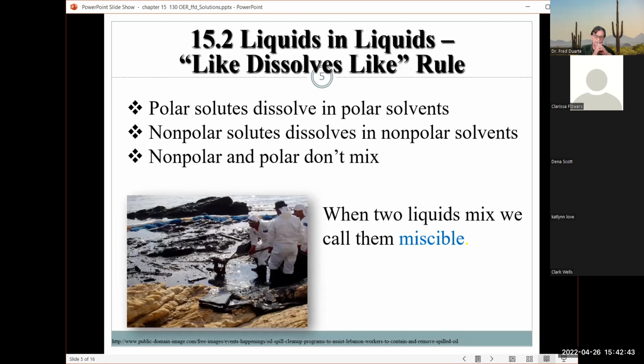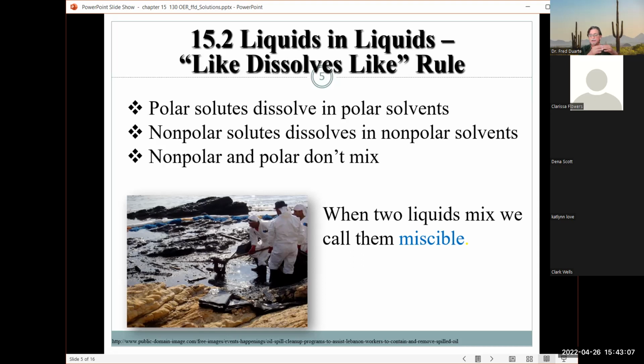Now, when we talk about whether things will mix, we use a term either miscible or soluble. The difference is this: the term miscible is used when you're dealing with two liquids. If two liquids mix, then we call them miscible. If they mix because they're both polar, they're miscible.